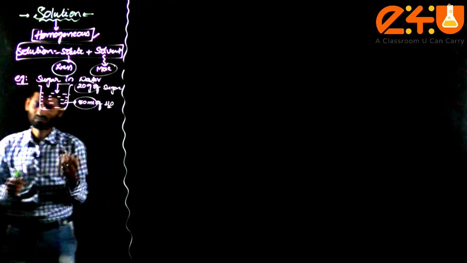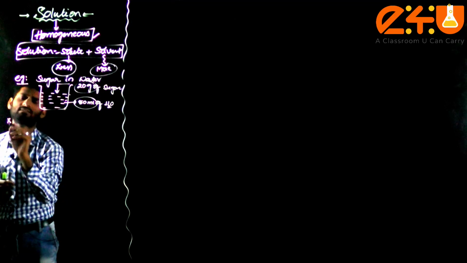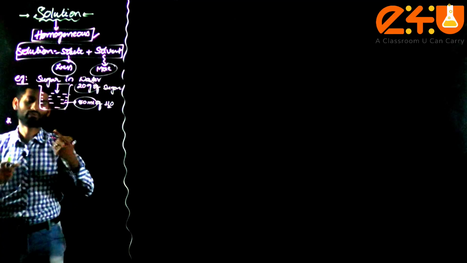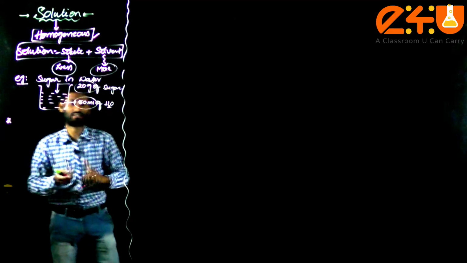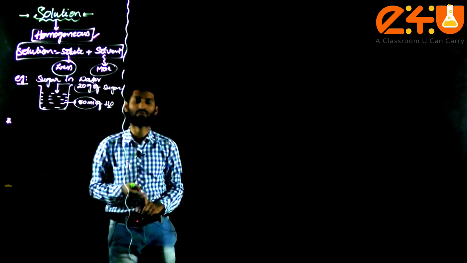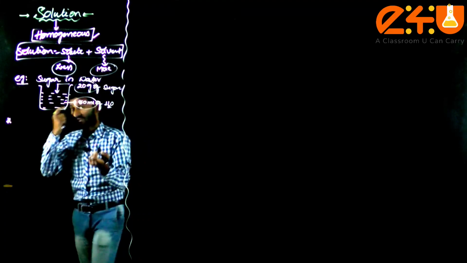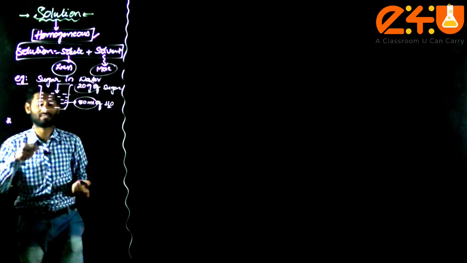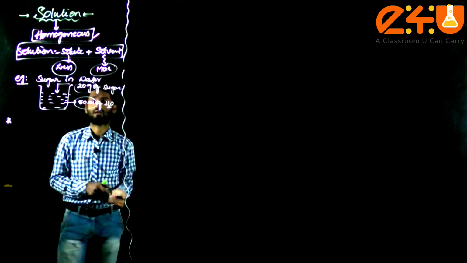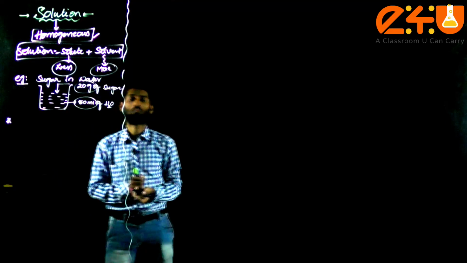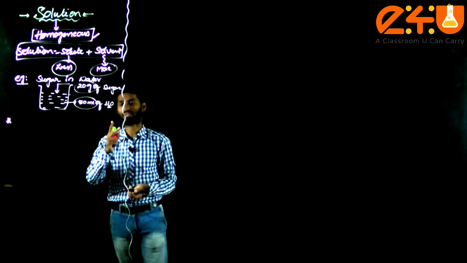Next, based on the classification mainly based on the solute, we have the types of solution: saturated, unsaturated and supersaturated solution, which you already studied. Next, based on the concentration, or the number of moles of the solute, we have two types of solution.